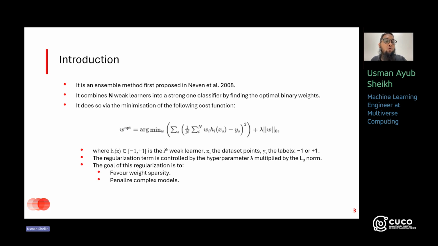And the role that quantum or quantum inspired optimization plays in here is that these capabilities are used to find an optimal set of binary weights. So by binary weights, of course, these are ones and zeros.